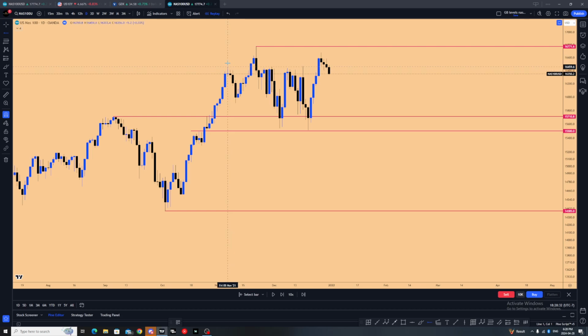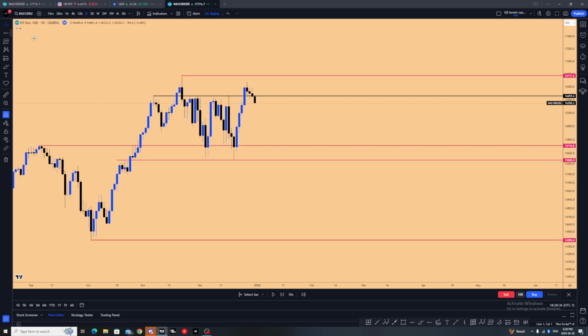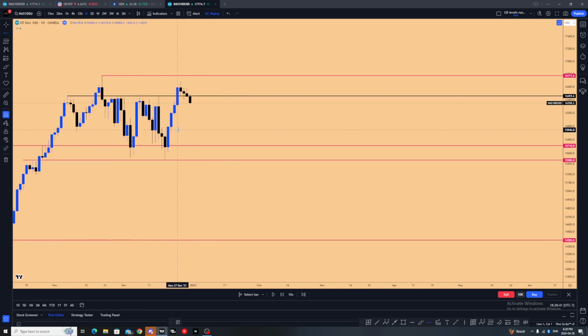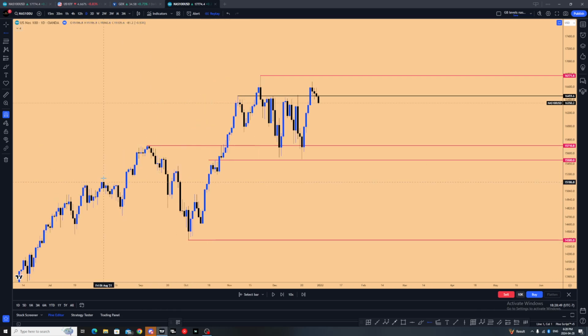The daily chart. We can go with this level. Map it in black. Then there is probably this level.